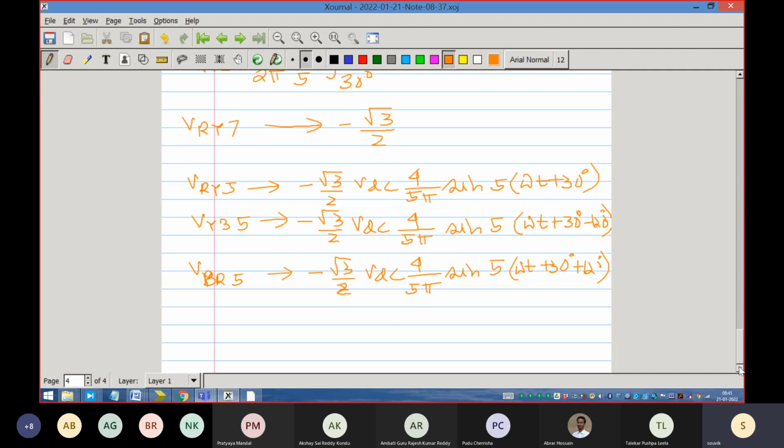Because if you look at just one of them, anyway, I have already done it. This is 5 into 90 degree, 5 into minus 90 degree; 5 into minus 90 degree means it will come down, and then reverse, then it is positive.